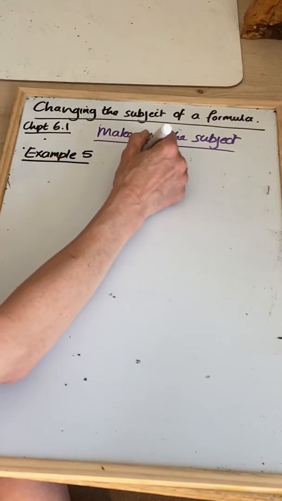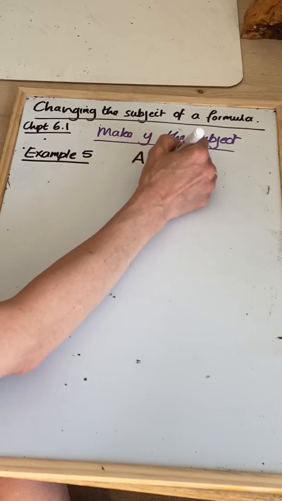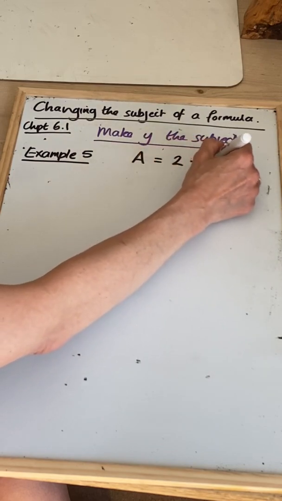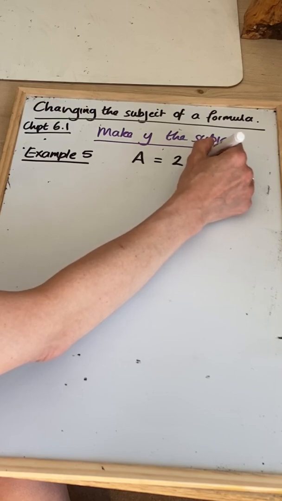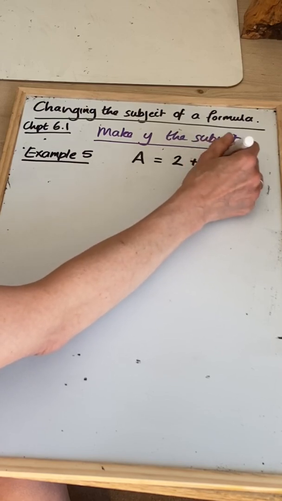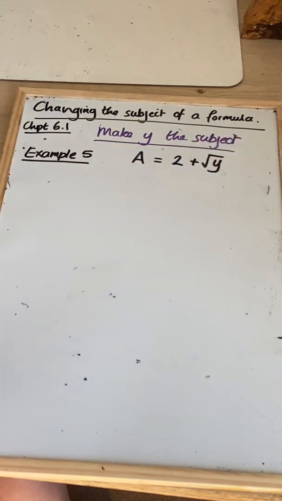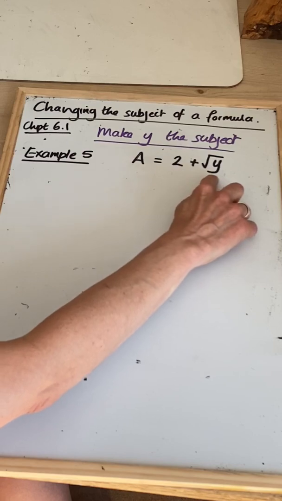And my formula for example 5 is A equals 2 plus the square root of Y. Okay, so we have to think about what has happened to this Y. If we're going to make Y the subject, what's happened to it?